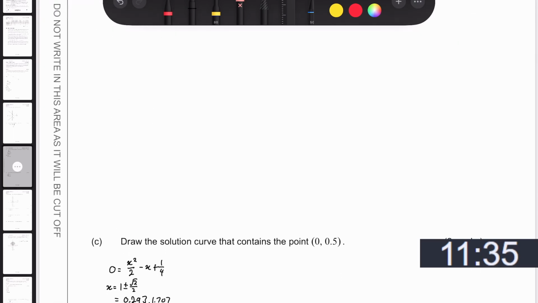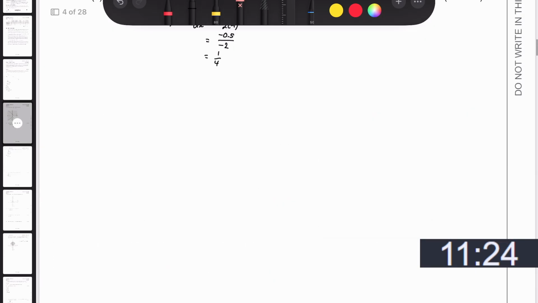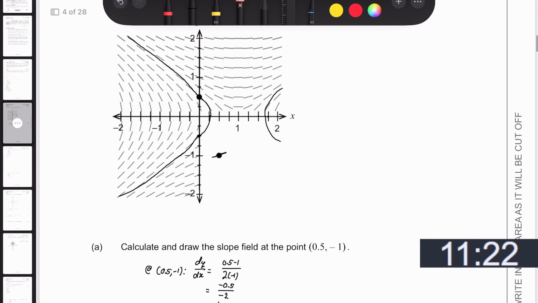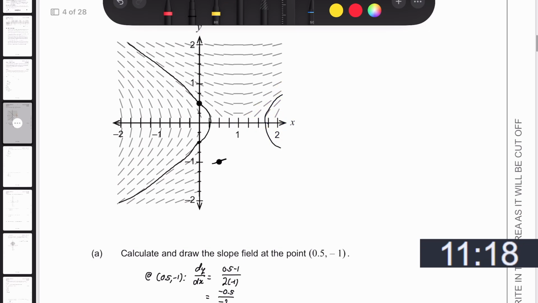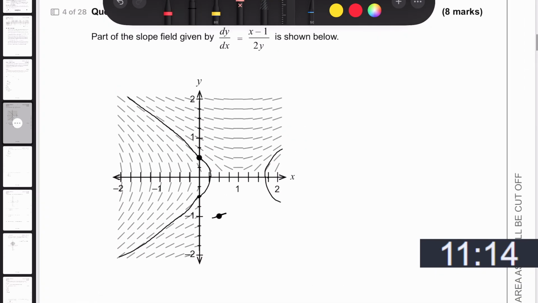For the solution curve that contains that point, 0.5. Like, I'm not sure if they consider this as containing, if it's the same solution curve or not. I'm not sure about it.